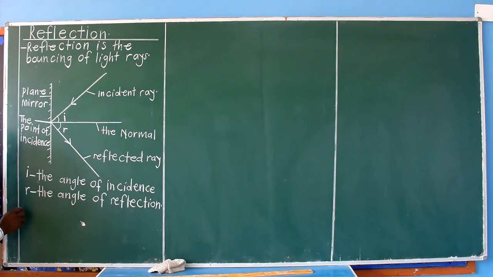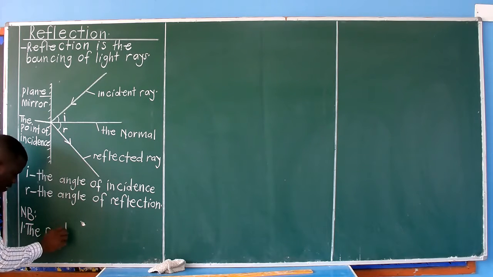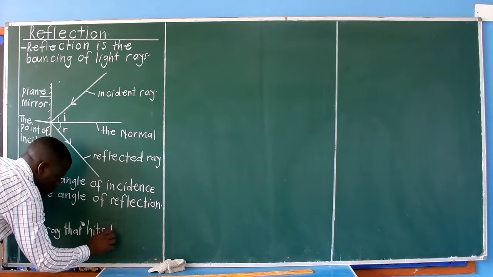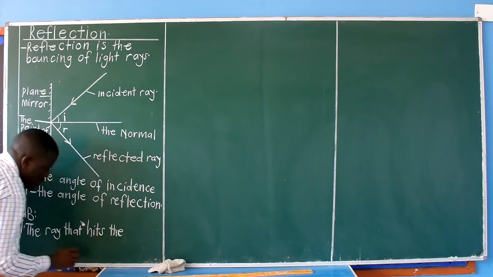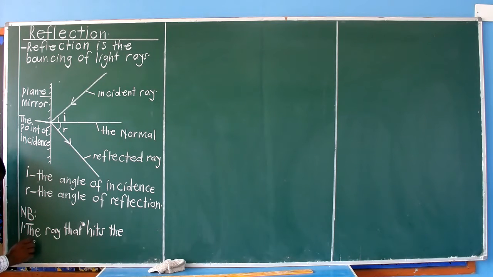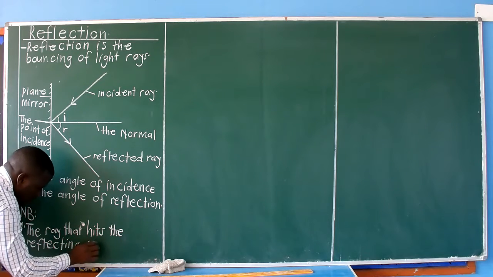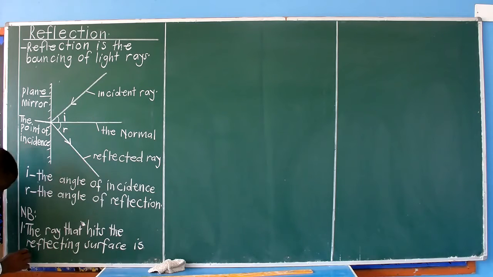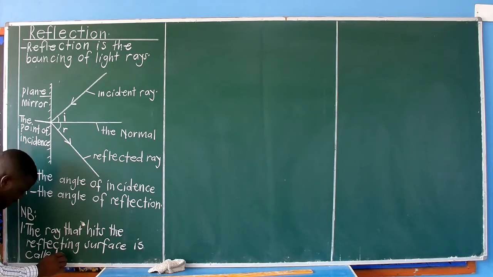So here is something you need to note. Number 1, the ray that hits the mirror, the ray that hits the reflecting surface, is called the incident ray.